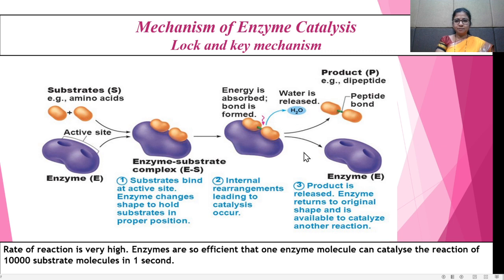Again the product is released and the enzyme returns to its original shape. See here, the enzyme returns to its original shape and is available to catalyze another reaction. Then another reaction again takes place. In this way, the rate of reaction is very high.